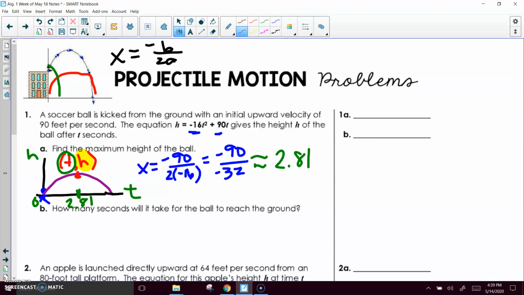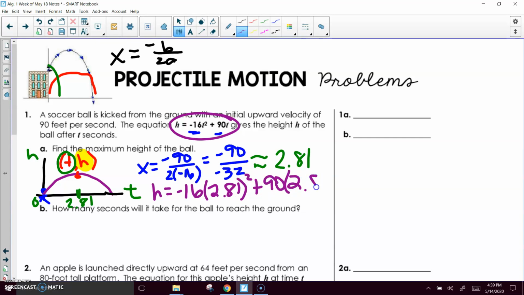To find the y value, I need to plug 2.81 into my equation. So to find my height, we're going to take negative 16 times 2.81 squared plus 90 times 2.81. Grab your calculators, type that in.